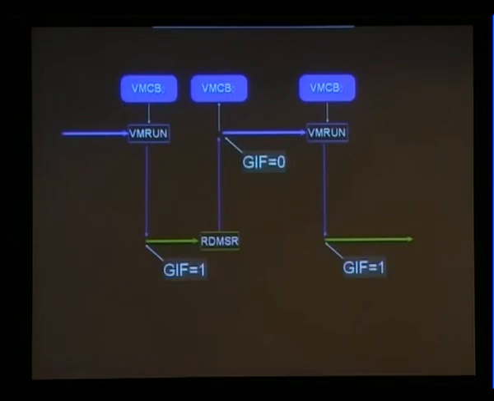There are some problems though. It's not that trivial to implement this scheme. So in these white arrows show the places where the global interrupt flag should be modified by the CPU. So this feature was new to the AMD architecture.